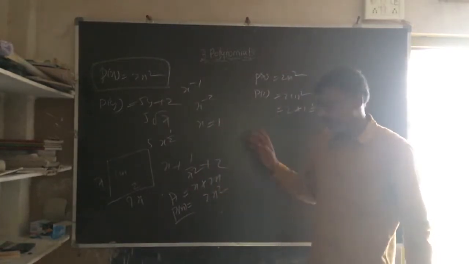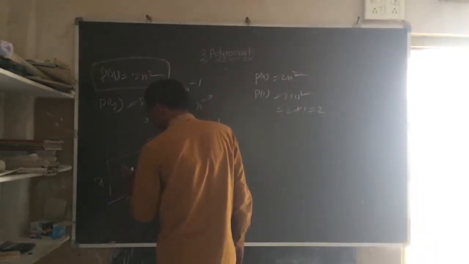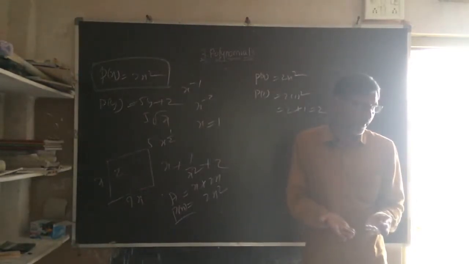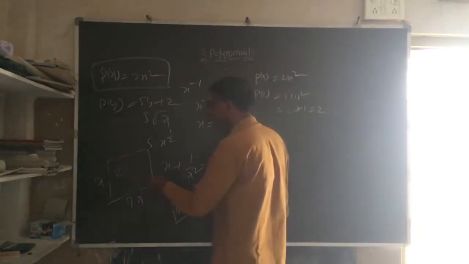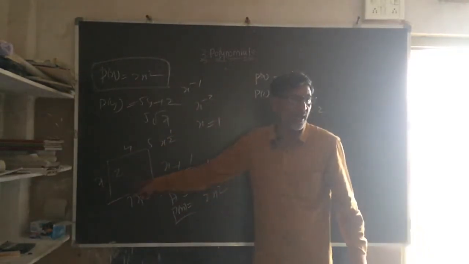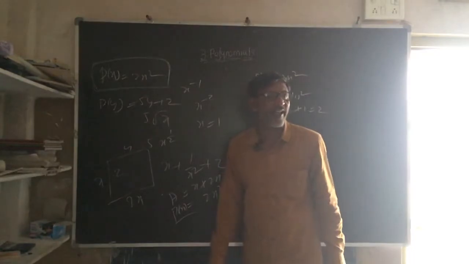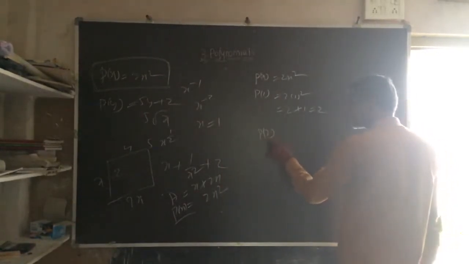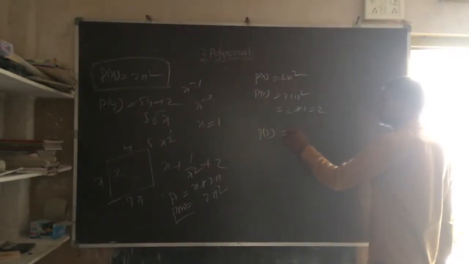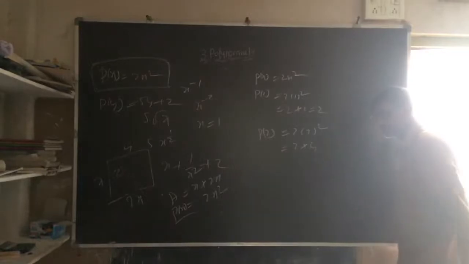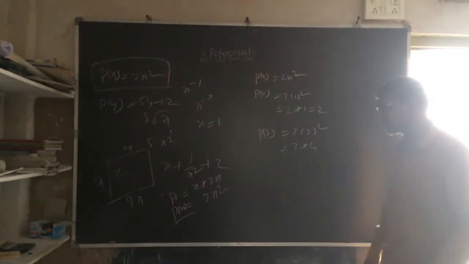Suppose the length is 2 units, the breadth will be double, so the area is length into breadth, 4 twos are 8 square units. By taking p of 2, that means x value is 2, 2 times 2 square, 2 twos are 4, 4 twos are 8, we get 8.